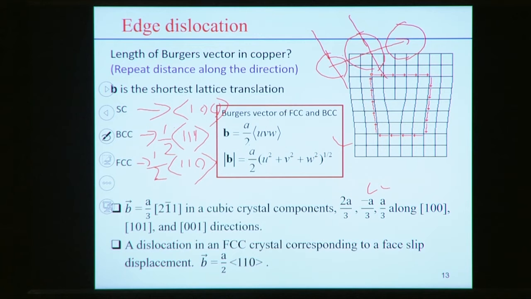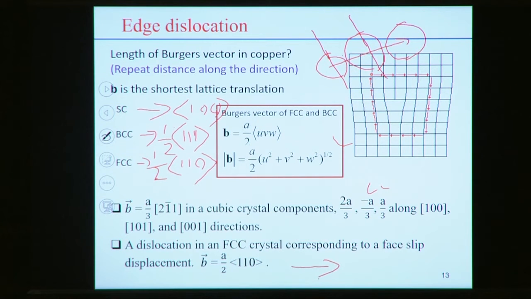Now a dislocation in an FCC crystal structure corresponds to the face slip displacement. In this case, the Burgers vector will be represented along the compact direction. So b is represented as a/2 [1, 1, 0], where a is the lattice parameter.